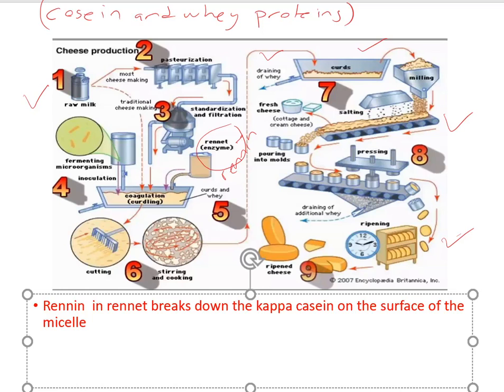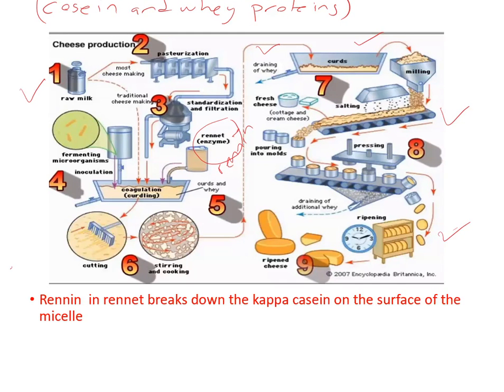So you know, milk is an emulsion of fat globules and a suspension of casein micelles. So this breaks down, change this from being hydrophilic to hydrophobic.